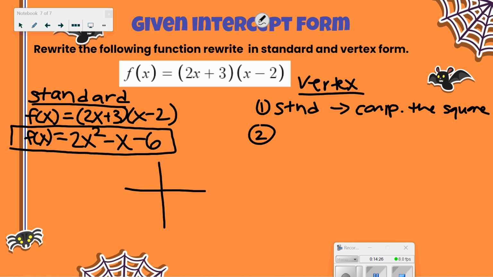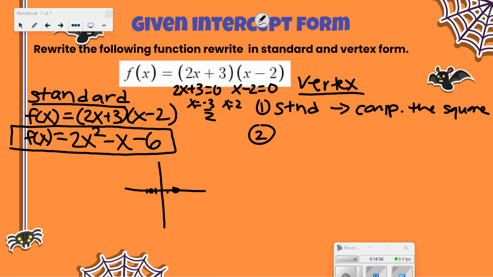So thinking about my intercepts, if I want to find my x-intercept, I set each factor equal to what? 0. So here's me finding my x-intercepts. And where are my x-intercepts going to be? Good job. -3/2, so like -1.5, and 2.